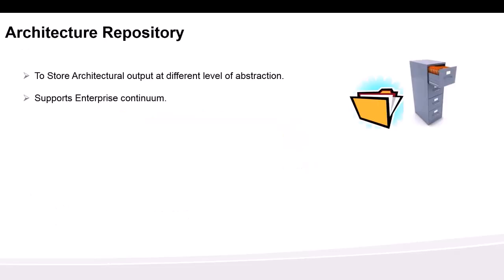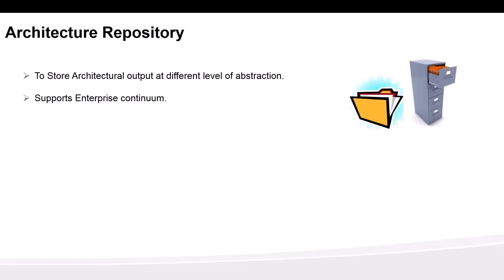Next is architecture repository. Supporting the enterprise continuum is the concept of architecture repository, which can be used to store different classes of architectural output at different levels of abstraction. So during the architecture development method, as different architectural outputs like deliverables, artifacts, technical and business documents at different levels of abstraction are created, they need to be stored.